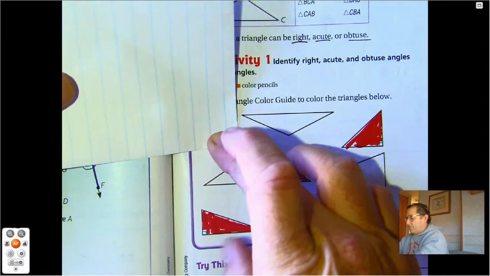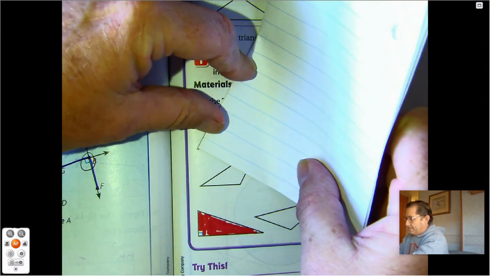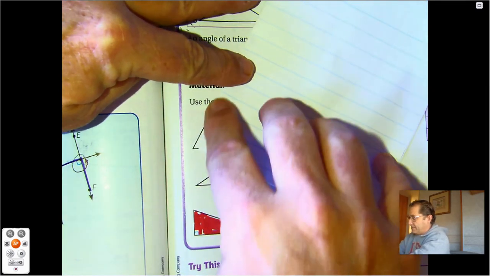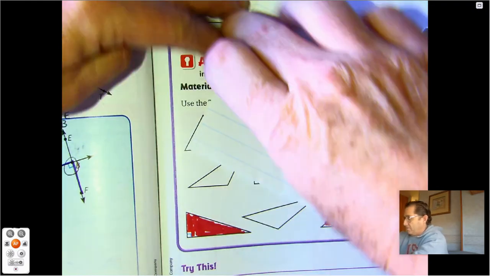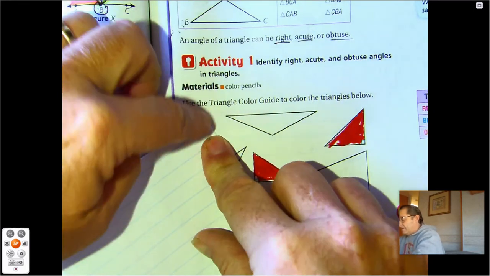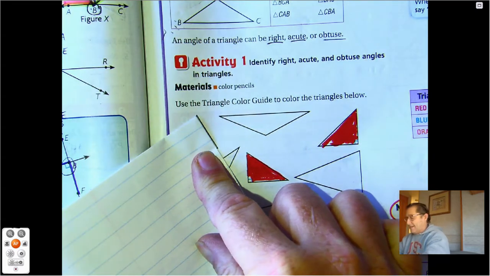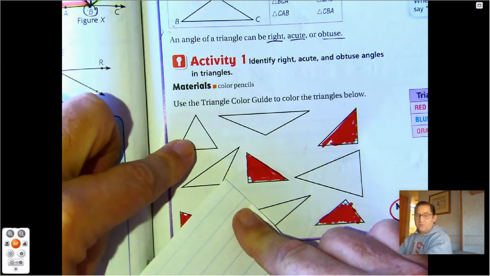So that's an acute angle. If I go this way, I can see this lines up with this edge, but I can't see this angle. So that's an acute angle. If I go to the top one, I can see this edge where my corners lined up, but I can't see this angle. So all three of these are acute angles.